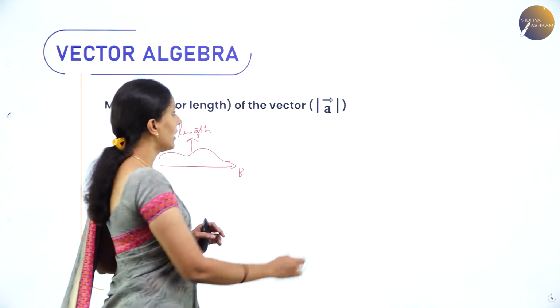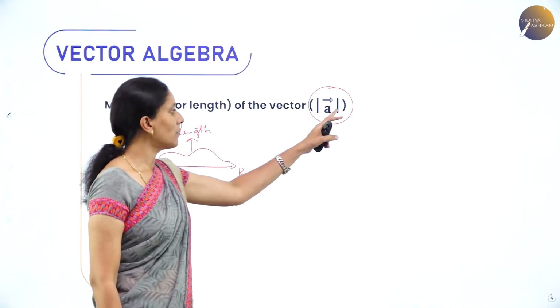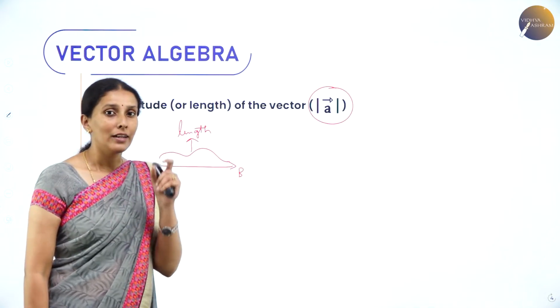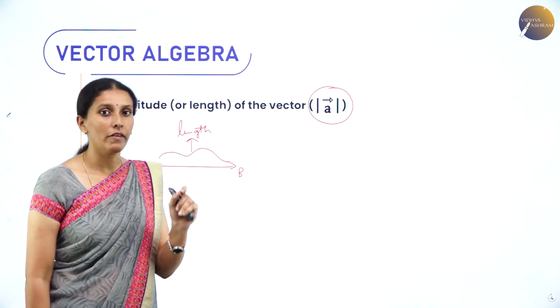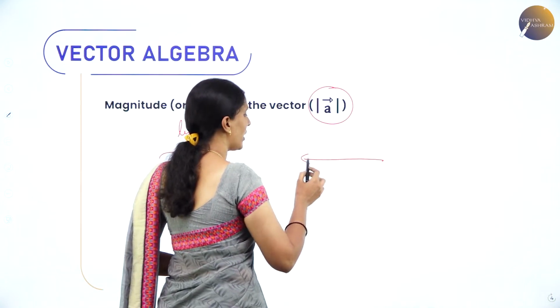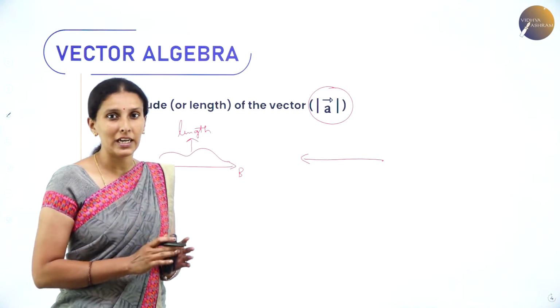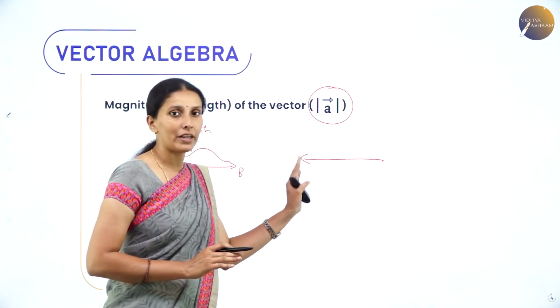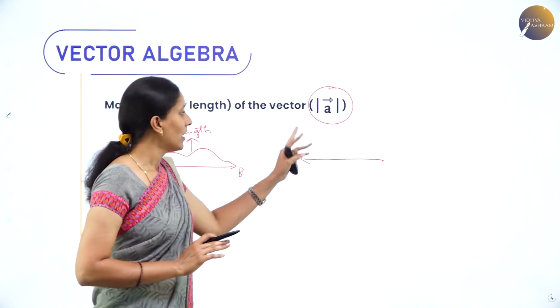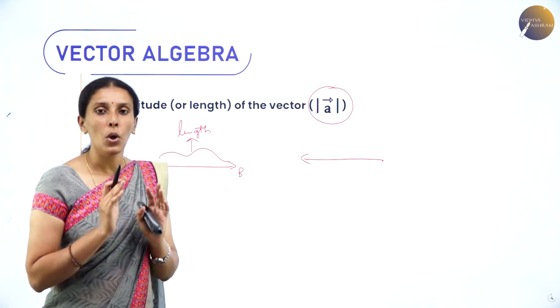Usually the magnitude of the vector is written in terms of modulus because distance or length is always positive. Even though the direction changes towards positive or negative in a coordinate system, the distance of the vector is always taken as positive. That is why we take the modulus of the given vector.